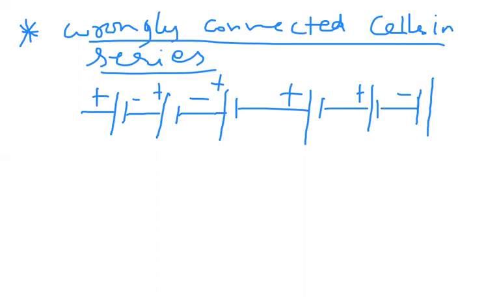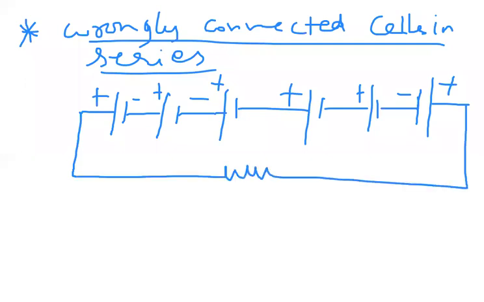Observe carefully, the last cell I connected in reverse connection. Negative and positive I connected reversed. So this is the wrongly connected cell. Generally we have to connect negative to positive, negative to positive, negative to positive.